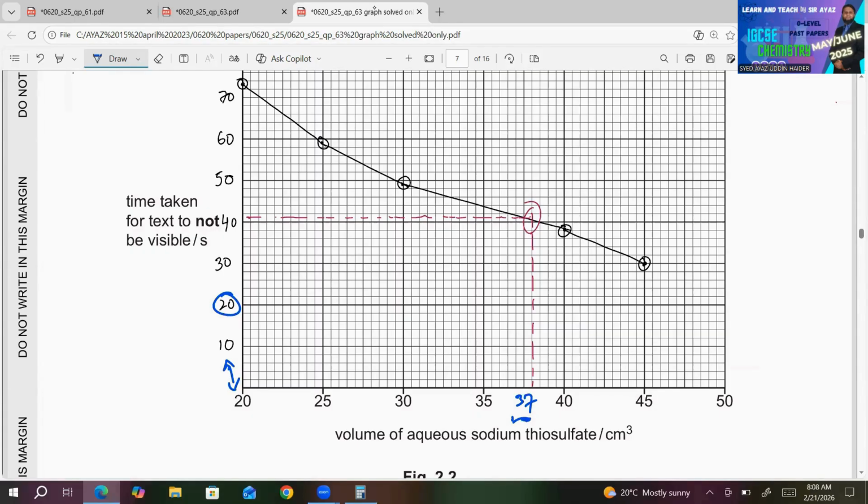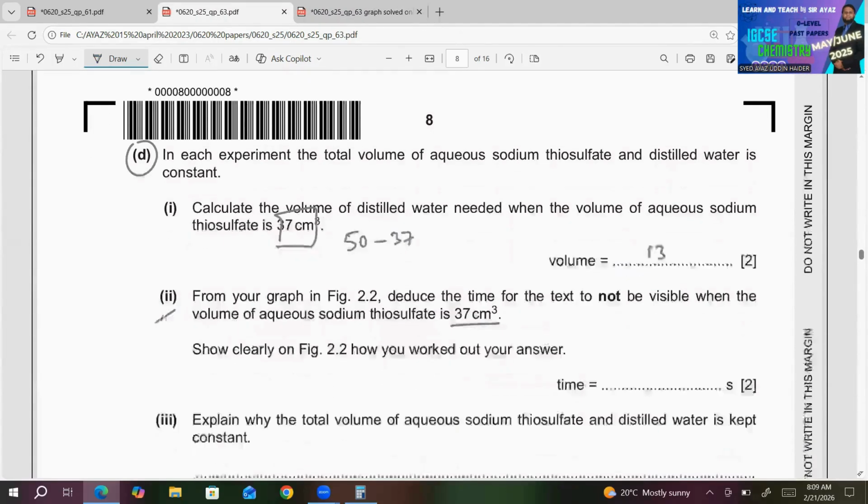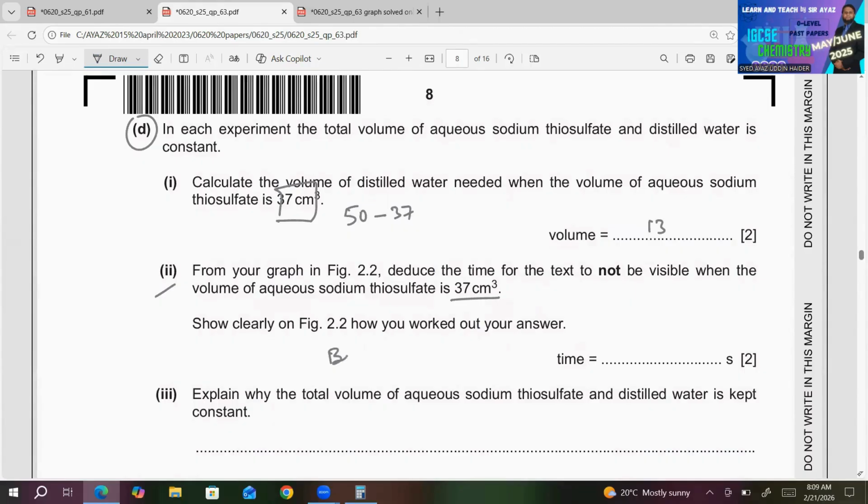The time is around 38 or 39. It's not exactly here. 38 or 39, it should be below 40.